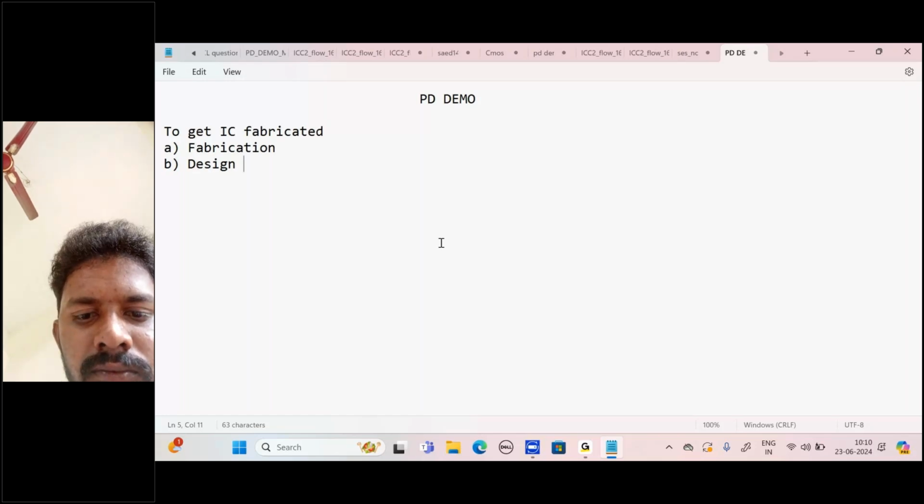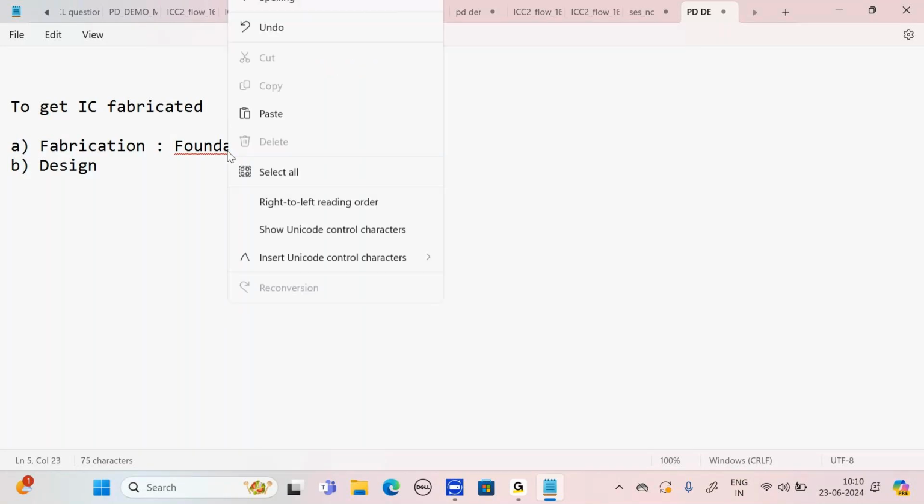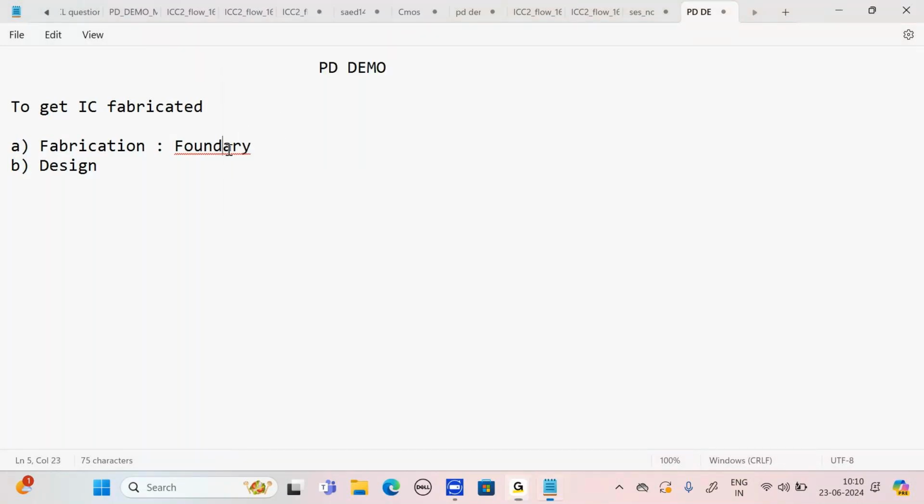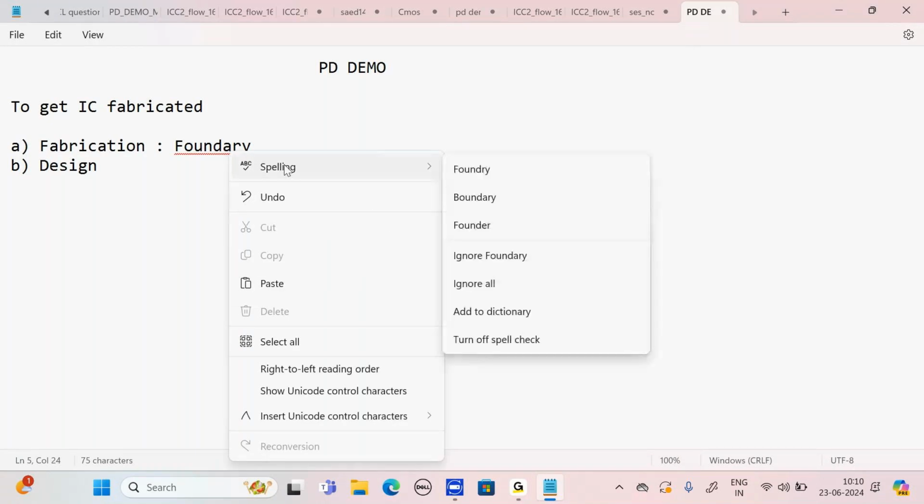Designed. See where this IC is fabricated. Where does IC get fabricated? The foundry. Yes, IC gets fabricated in foundry. The foundry is a place where IC is fabricated.